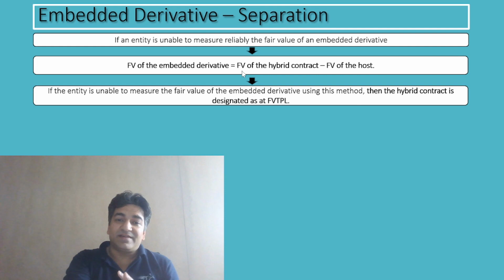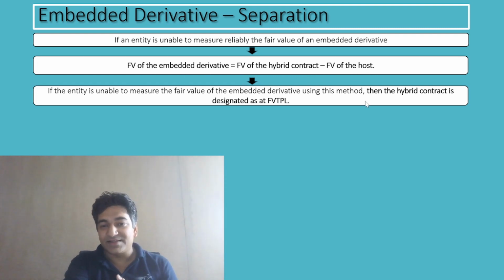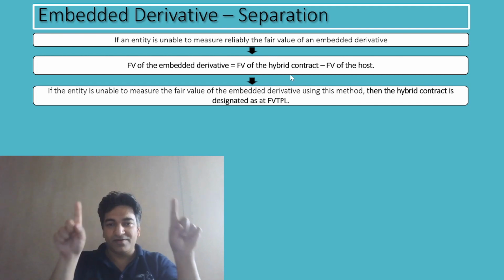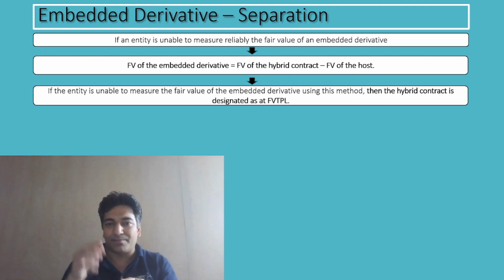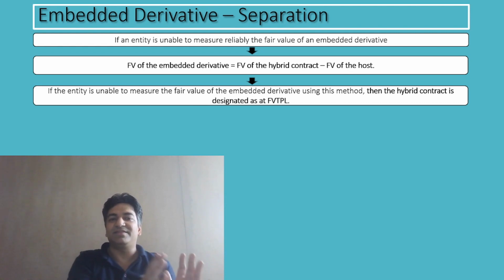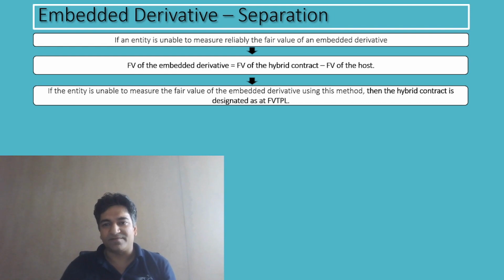When we have both, the fair value of the embedded derivative will be the fair value of the total hybrid contract minus the fair value of the host contract, which is a portion of the hybrid contract.